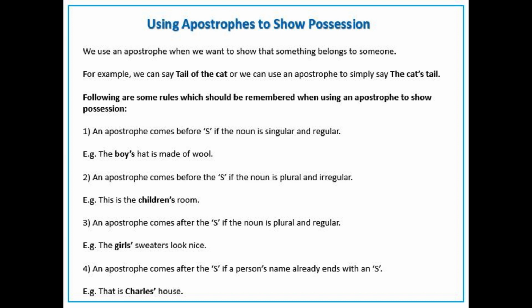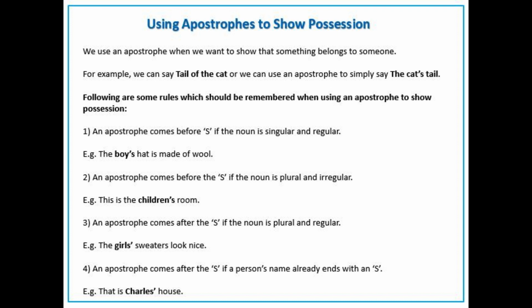Those nouns that end in an S and we are right now talking about singular nouns which are regular. So the example is the boy's hat is made of wool. So we will simply put an apostrophe and an S to show possession and belonging after the singular and regular noun boy.